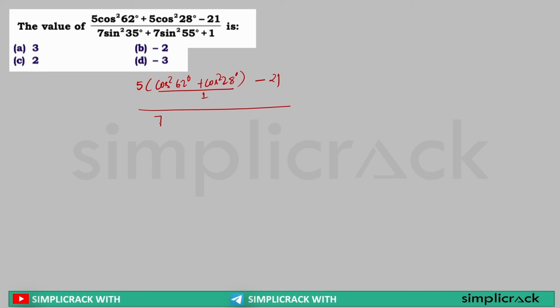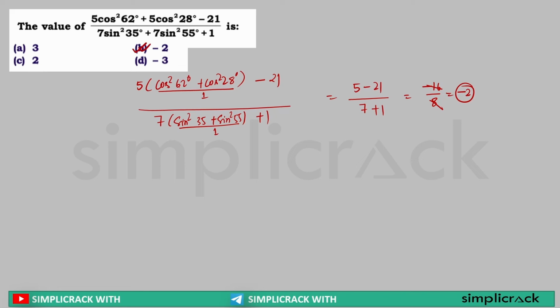Divided by, if I take 7 common, sine square 35 degree plus sine square 55 degree plus 1. This part will also be 1 because 35 plus 55 is equal to 90 degree. So this can be written as 5 minus 21 divided by 7 plus 1. So this is minus 16 by 8, which is minus 2. Answer equal to minus 2.